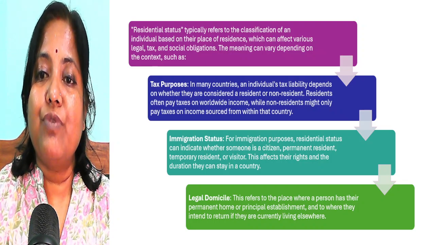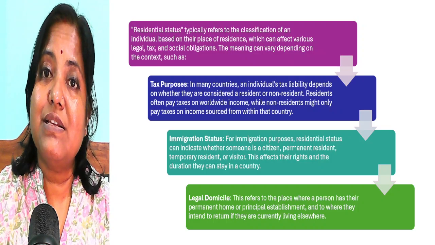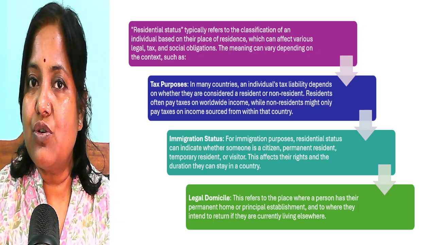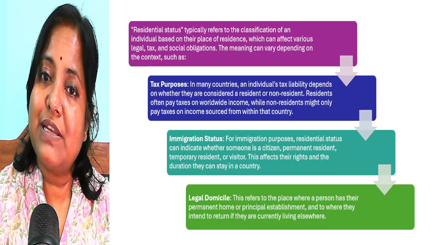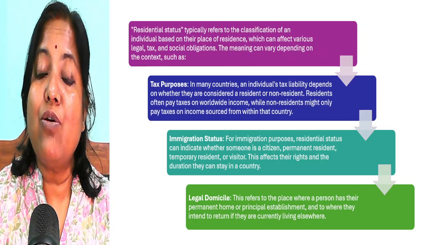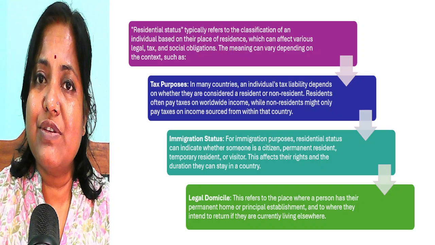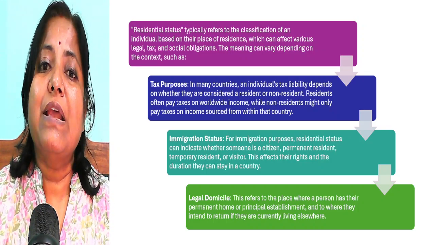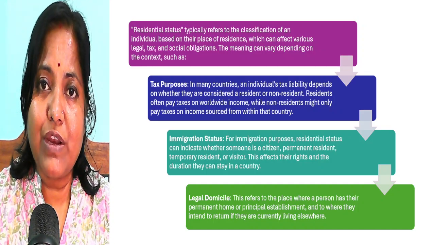So whether an individual is a citizen of India, a permanent resident, a temporary resident or just a visitor to that country, depending on his category he will have certain rights, and it also affects the duration they can stay in a country. If he is a visitor, the time will be fixed for his stay in a particular country. So immigration status is also one criterion for which we want to know the residential status of an individual.